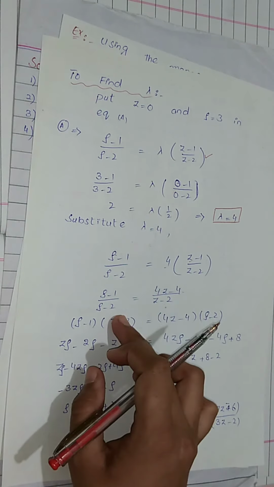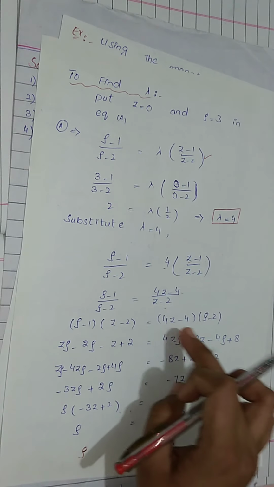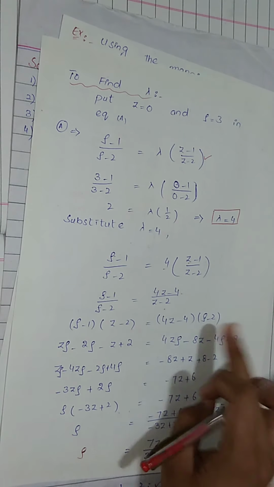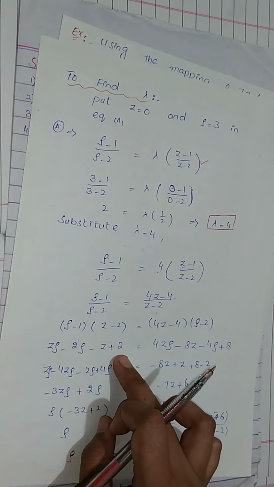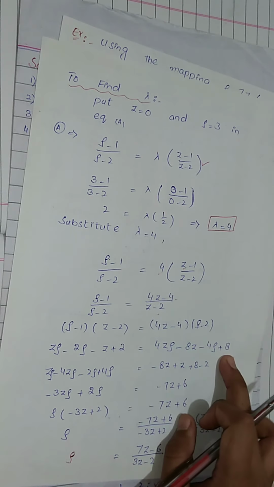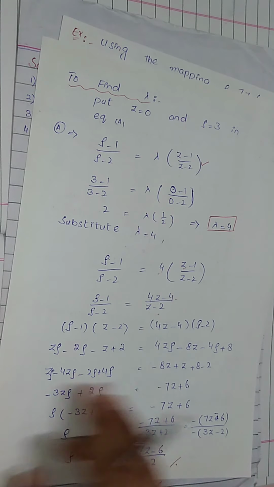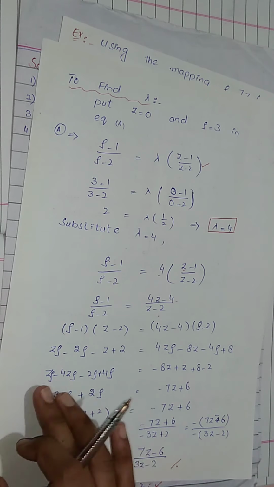By cross multiplication we have xi minus 1 into z minus 2, equal to 4z minus 4 into xi minus 2. Multiplying out the brackets and simplifying by combining the same terms.